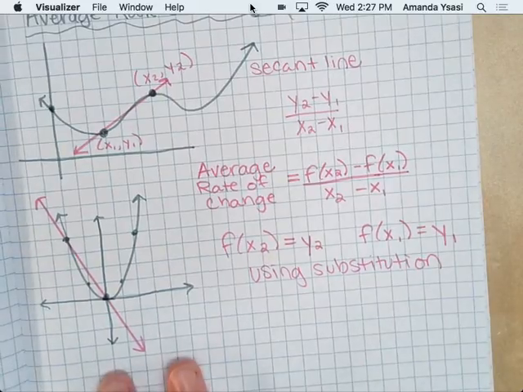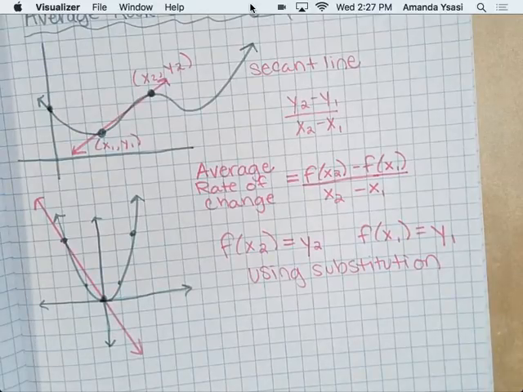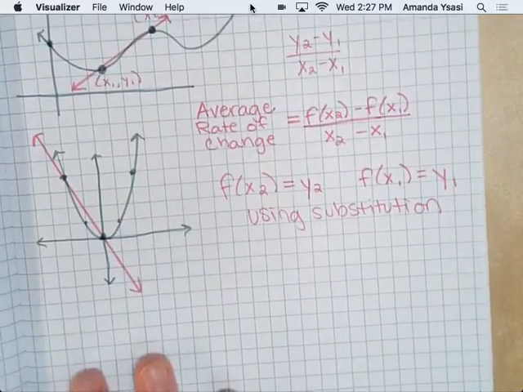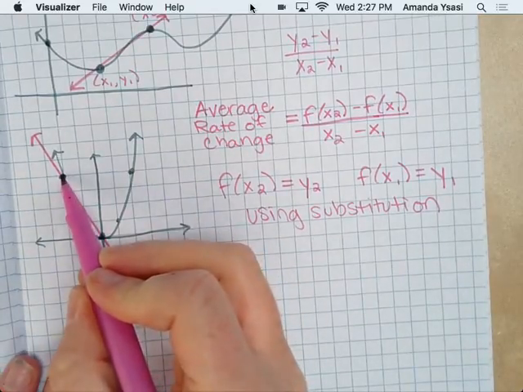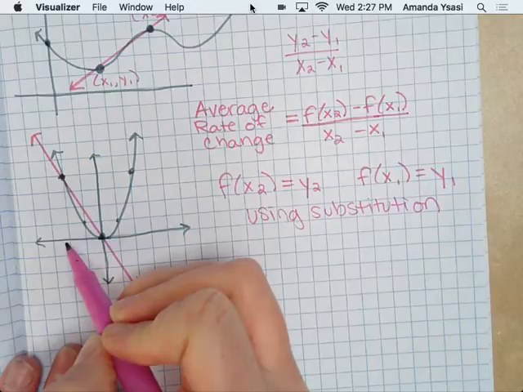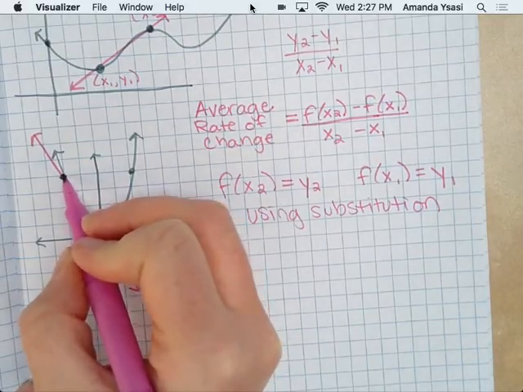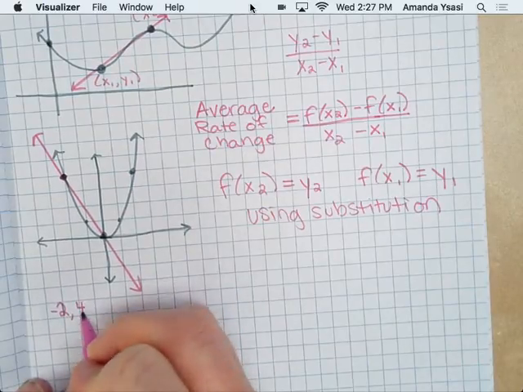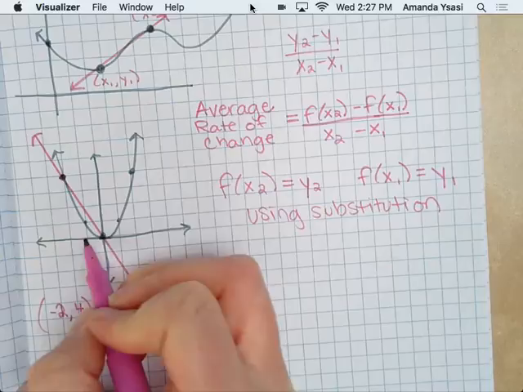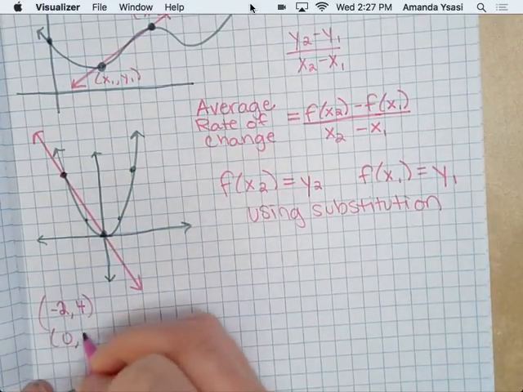And so for this, it would be a negative rate of change. So you would find out that is, negative 2, 4. All right? Y'all check me. 2 up 4, yeah. And then 0, 0.